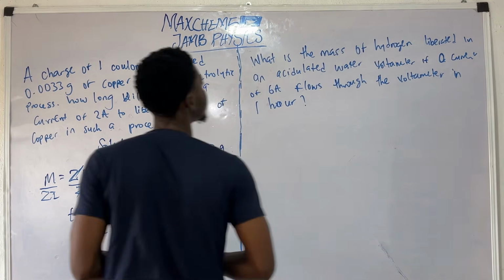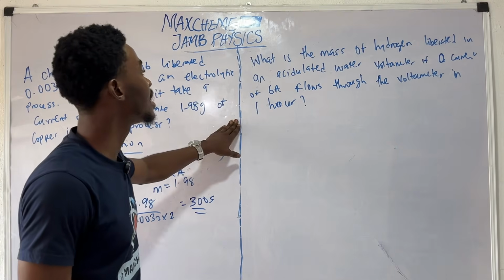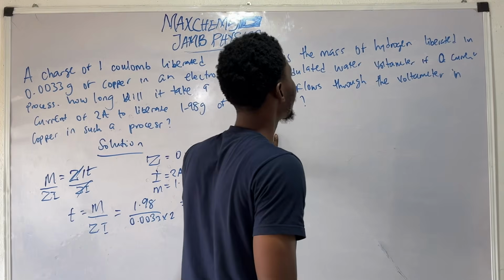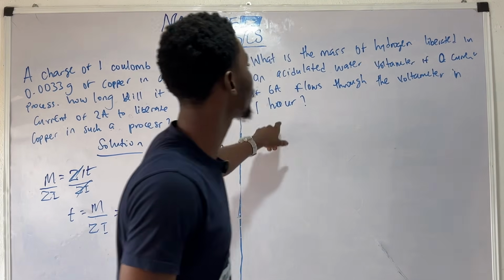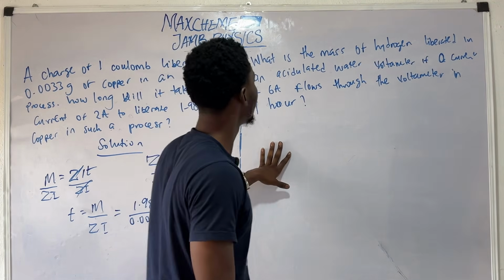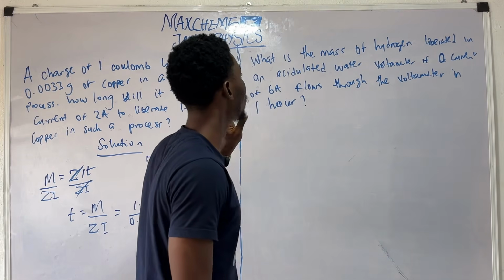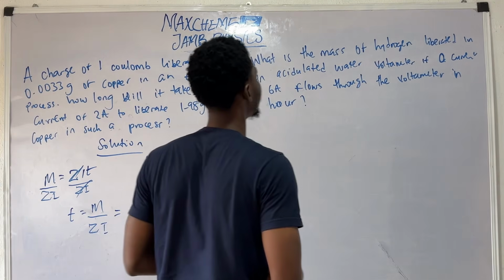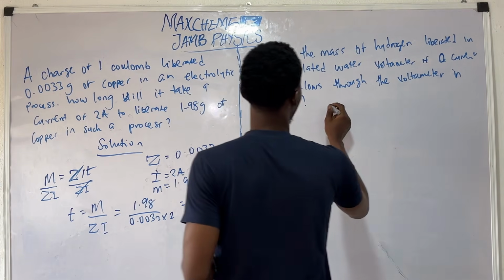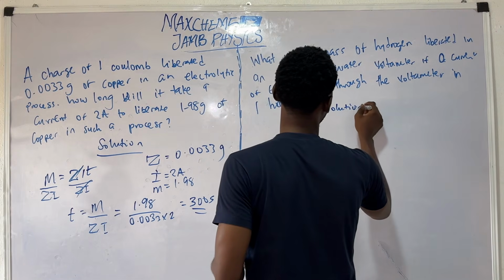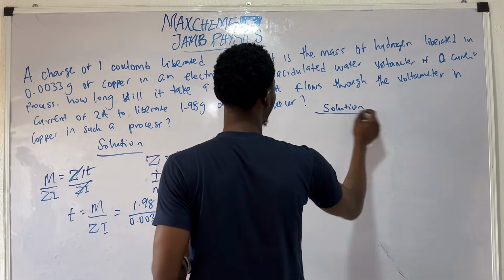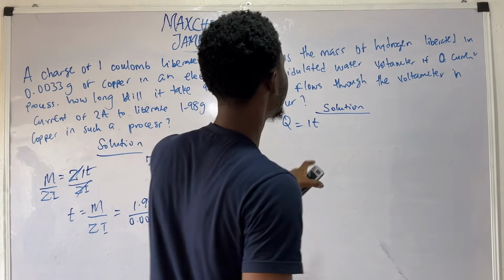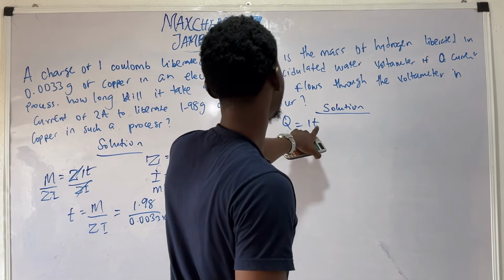Moving on to the next question, it says, what is the mass of hydrogen liberated in an acidulated water voltameter if a current of 6 amperes flows through the voltameter in 1 hour? First of all, we know that Q is equal to IT, where I is the current and T is the time.